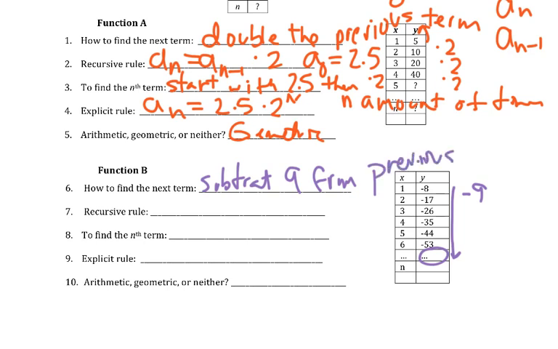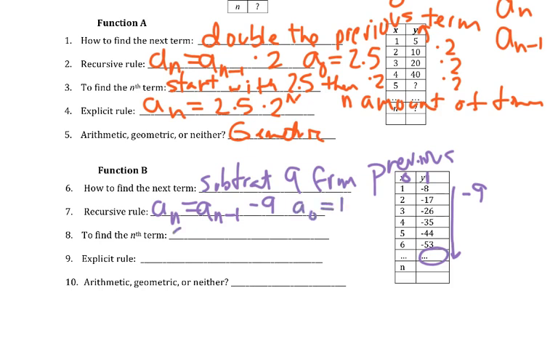If we're going backwards to the 0 term, that would be a positive 1, because 1 minus 9 would be negative 8. So a sub n equals a sub n minus 1 minus 9, and a sub 0 would equal positive 1.